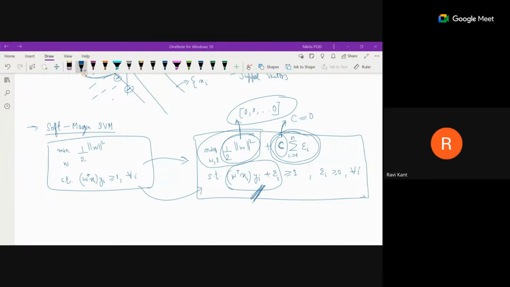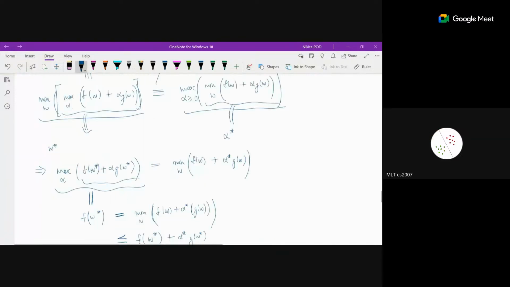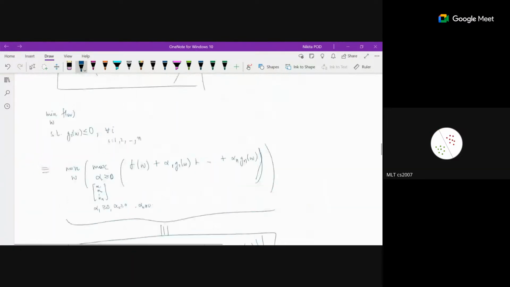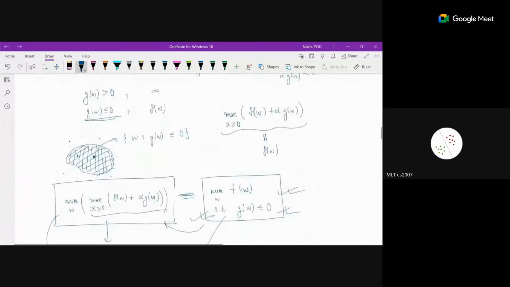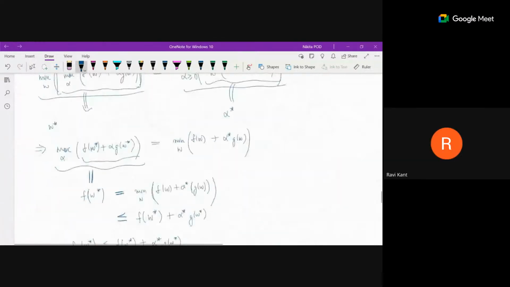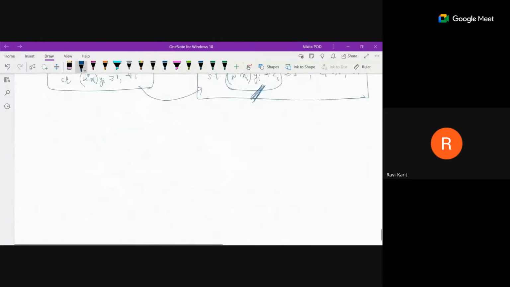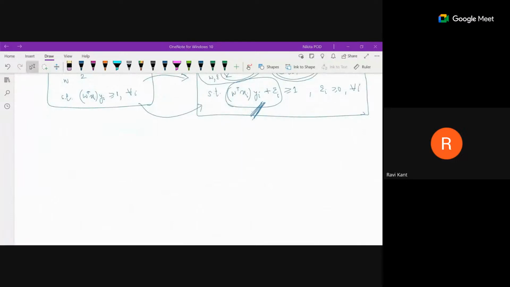Ma'am, please share this PDF. I have not done anything new here. If you look at the source notes, it's all the same. You can go through it, ma'am. Because we have gone through this once, it will be a bit easier to understand.